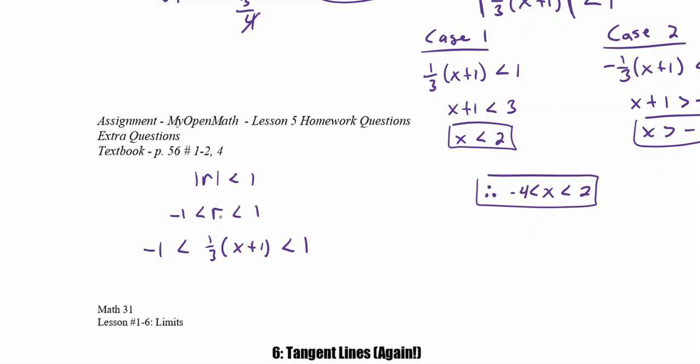So if I'm going to multiply both sides by 3, I actually have to multiply this by 3 and this by 3 and this by 3. So this would be -3, and this is now just x plus 1, and this is 3. And then when I subtract 1, I have to subtract 1 from everything. So -1 and -1. So we get x has to be greater than -4 and less than 2.